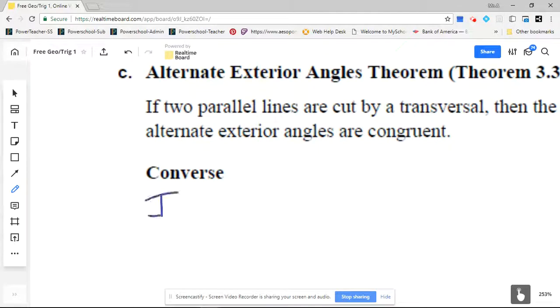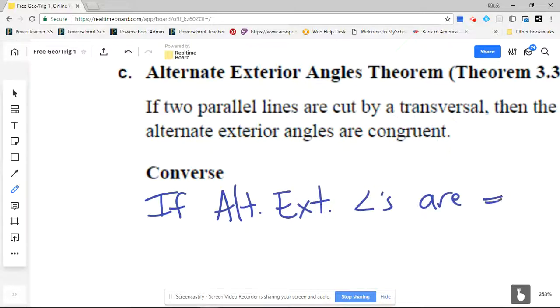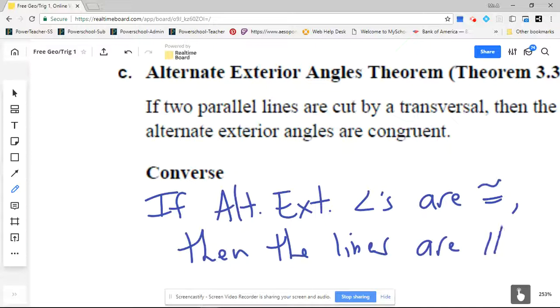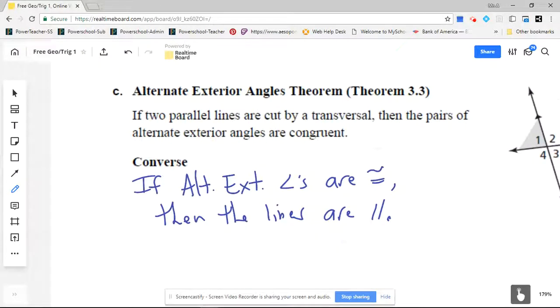So if alternate exterior angles are congruent, then the lines are parallel. So that's also a true statement.